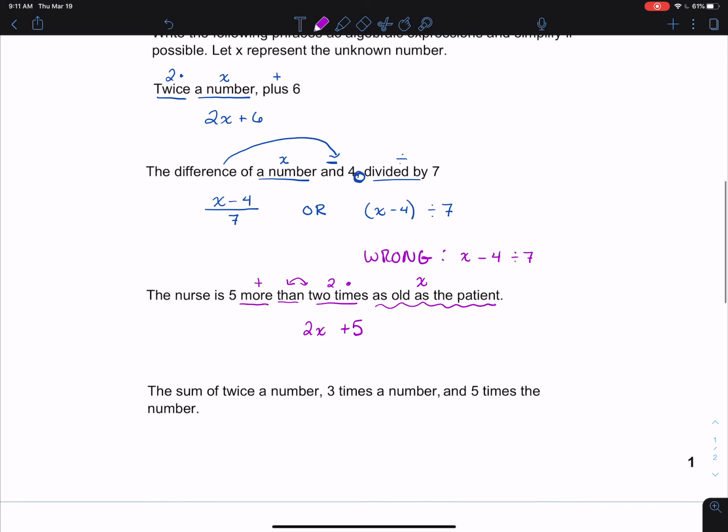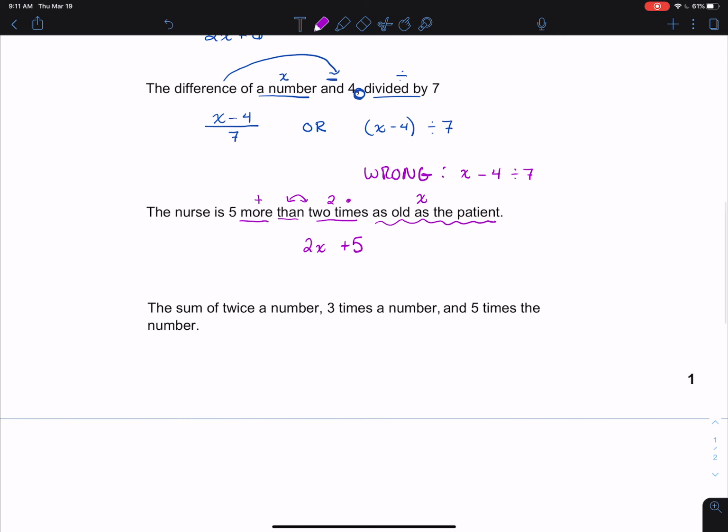If I look at the last example, it says the sum of twice a number, 3 times a number, and 5 times the number. So I know sum is an answer word for addition, so I'm going to look for that and put the plus sign there.